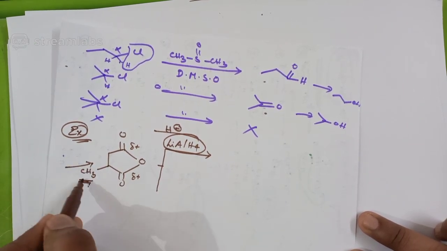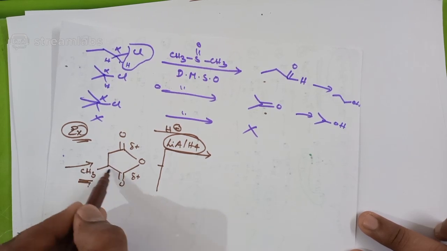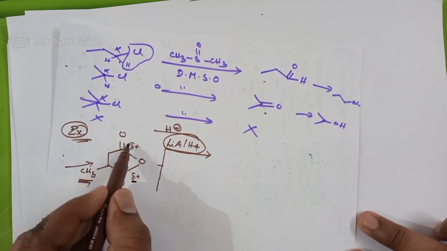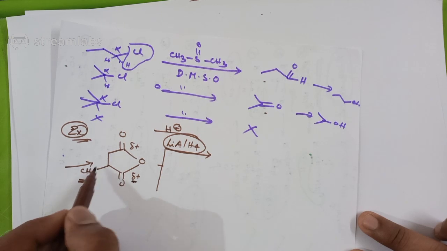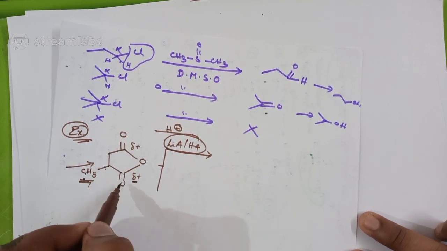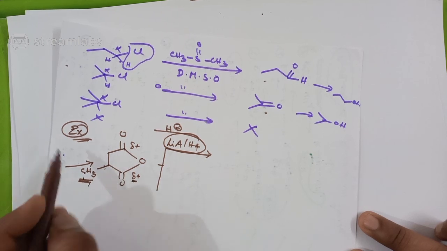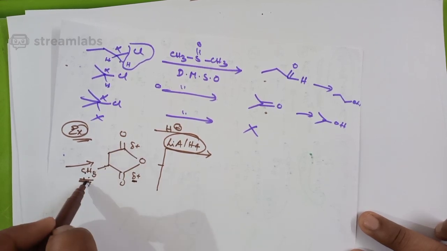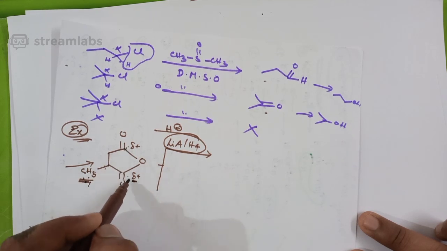They are donating groups. Whenever a donating group is there, the charge decreases here, but here the donating group is also with this group, but it's far, 1, 2, 3 third position, from here second position. I said inductive effect is a distance factor. Whenever the group is far, the effect is less. So here effect is less, here effect is more.